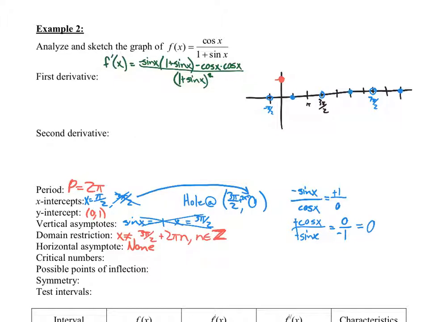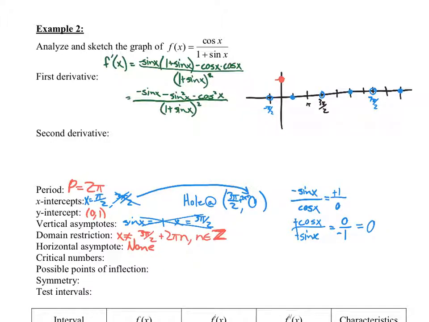Okay. So now we have negative sine x minus sine squared x minus cosine squared x over 1 plus sine x squared.